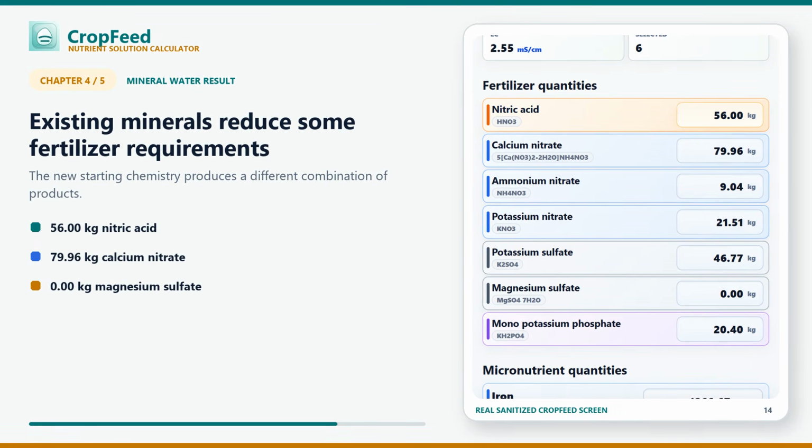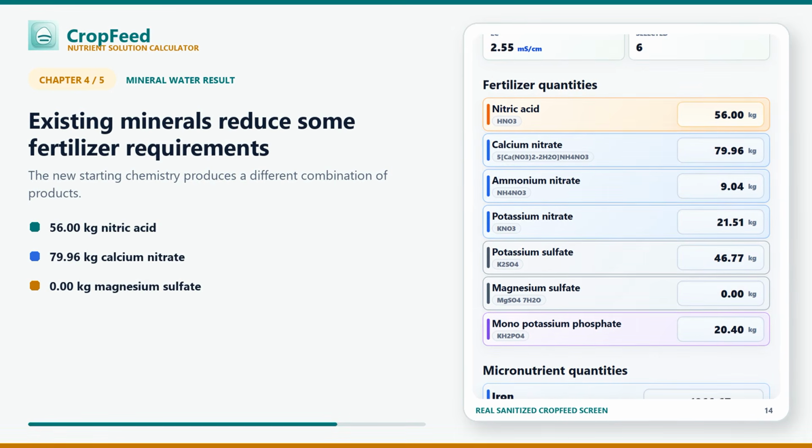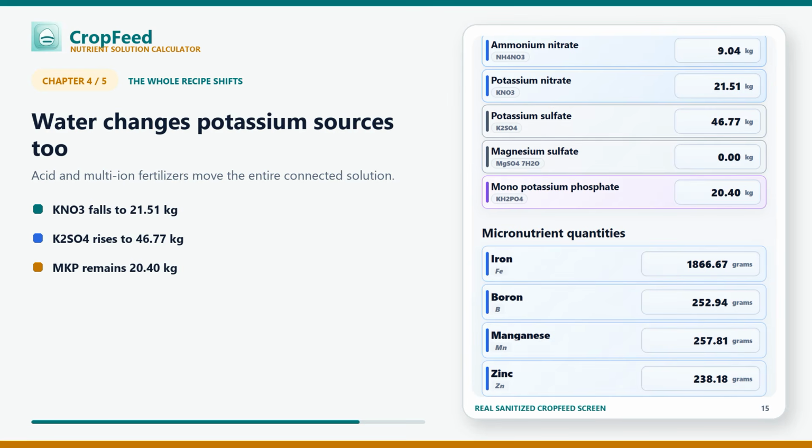Calcium nitrate falls to 79.96 kilograms because the water already supplies calcium. Magnesium sulfate falls to 0 because the starting water already contains the complete 2.00 millimoles per liter magnesium target. The difference does not stop with calcium and magnesium.